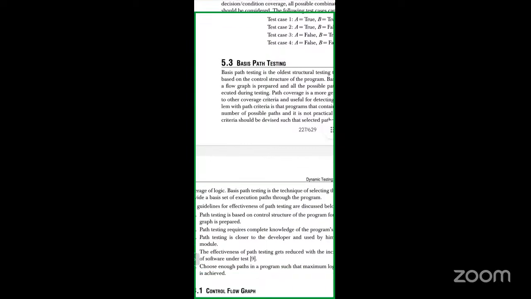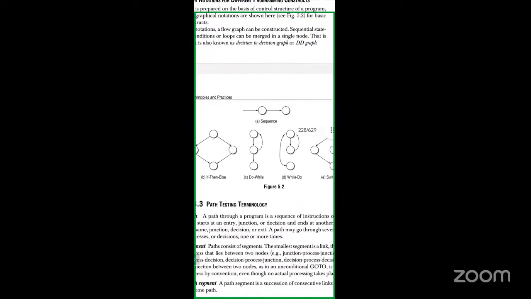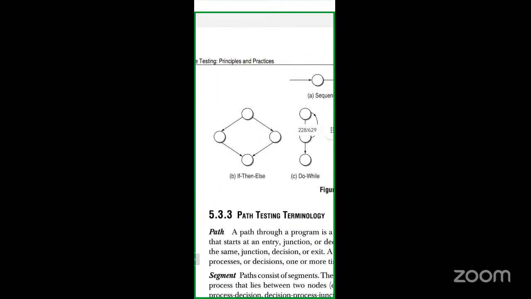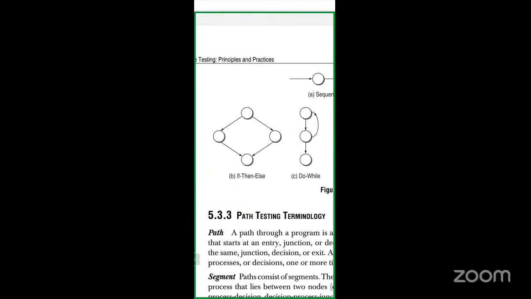So if you are starting from, see, so here we are having, if then else path. Okay. So one node we are having on the top. If the if condition is satisfied, one set of statements is going to be executed.